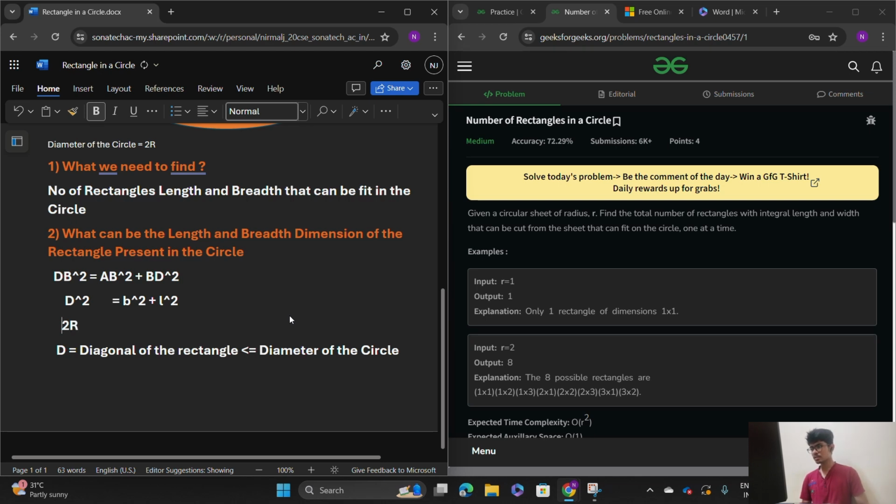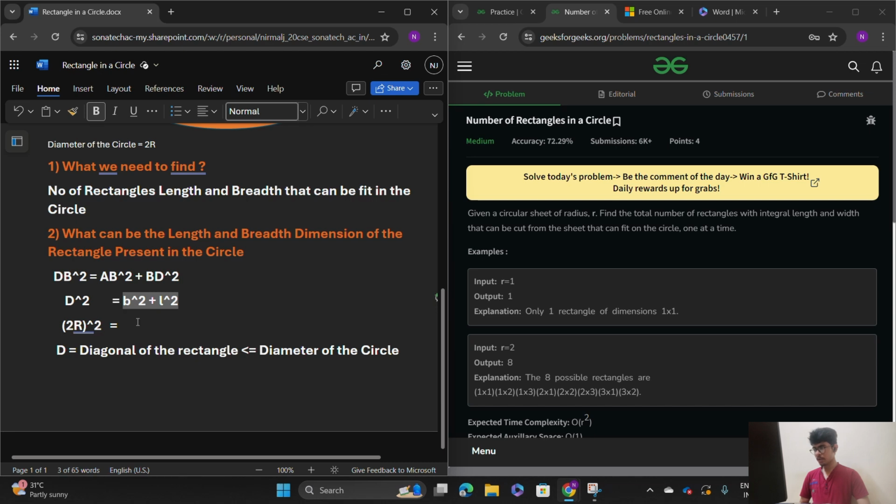When I square this, after squaring, the b square is what? Let me keep it as such, so I have to copy this, b square plus l square.